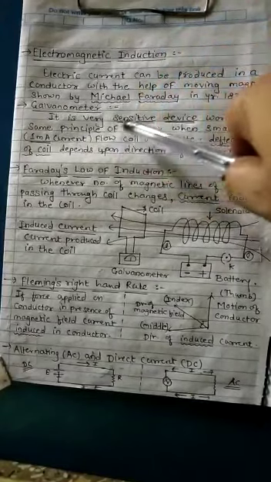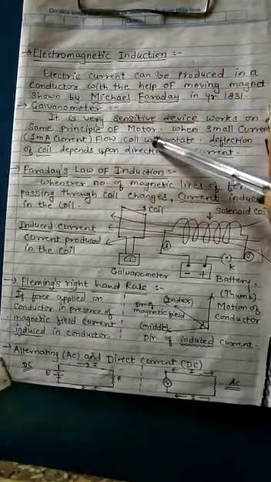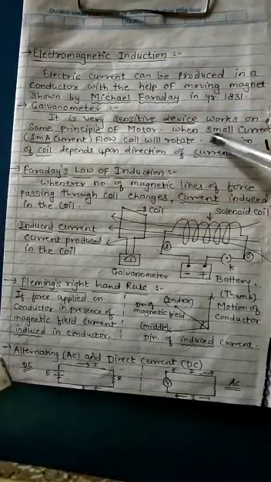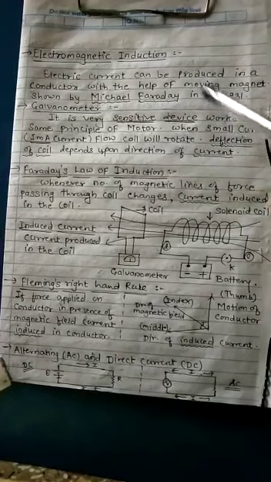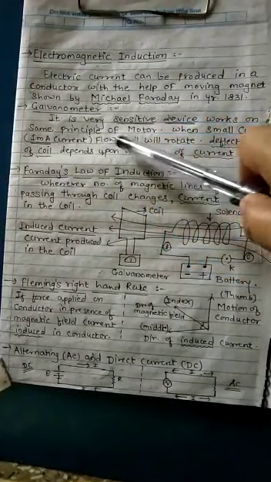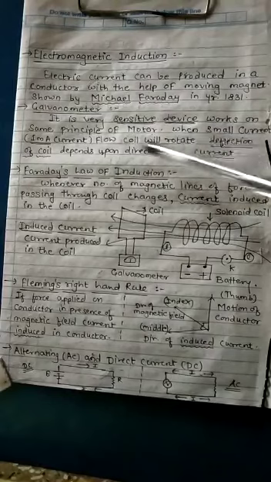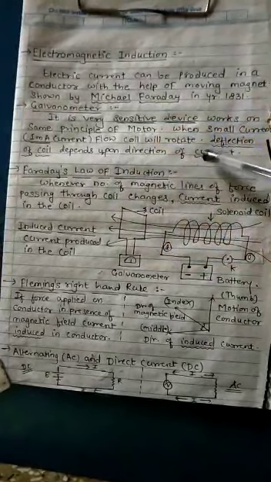It is a very sensitive device that works on the same principle as the electric motor. When a very small current, about 1 milliampere, flows in a coil, the coil will rotate, and the deflection of the coil depends upon the direction of the current.